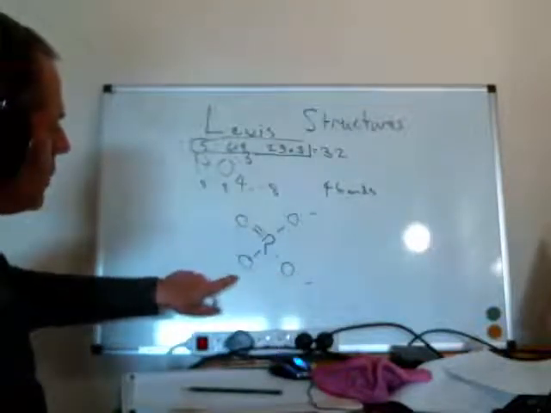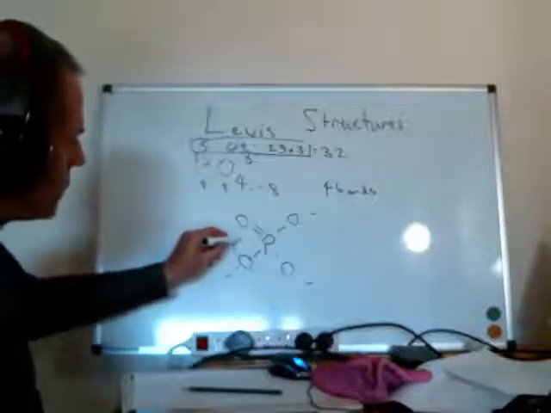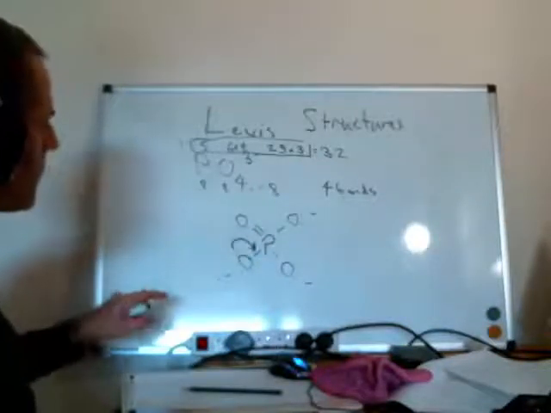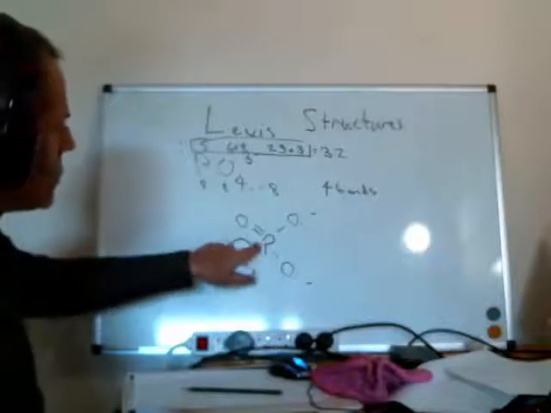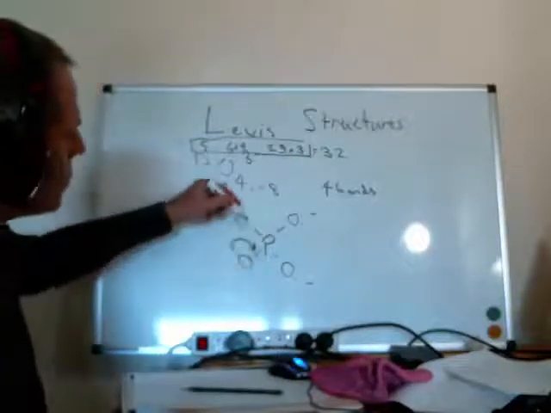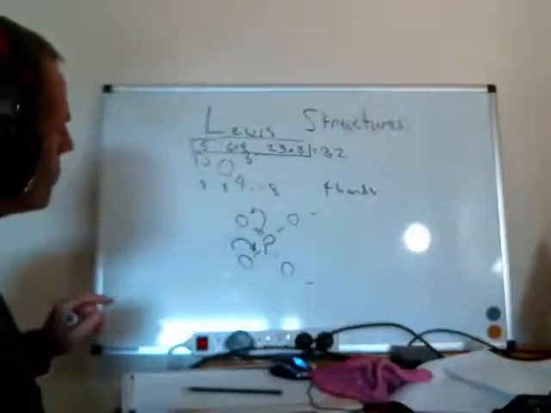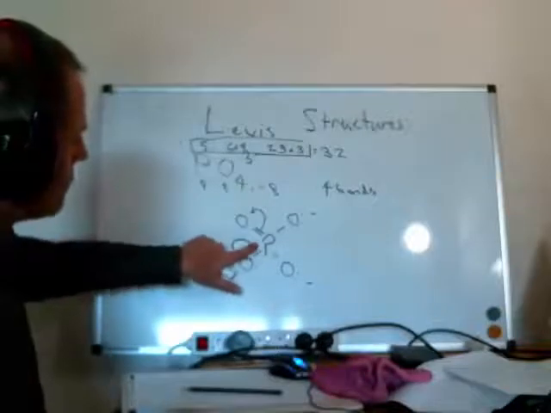If we do something else, we could take this negative charge instead and put it in here. That would get rid of this negative charge, but it would make the phosphorus very unhappy. We can move this bond back out as well. So hang on, let's do that. Move the bond back out as well. Now let's resolve it.